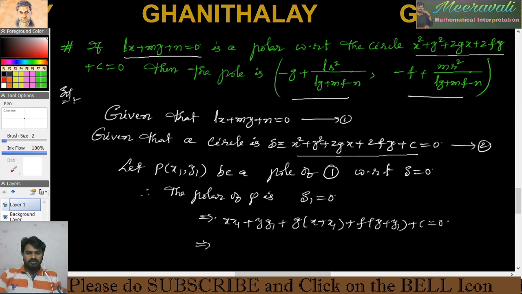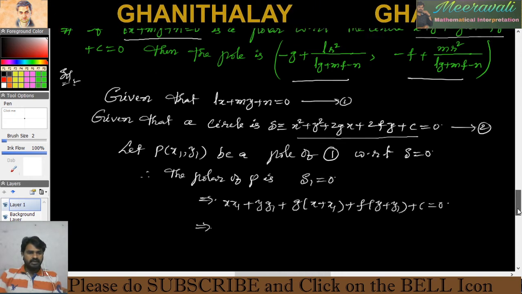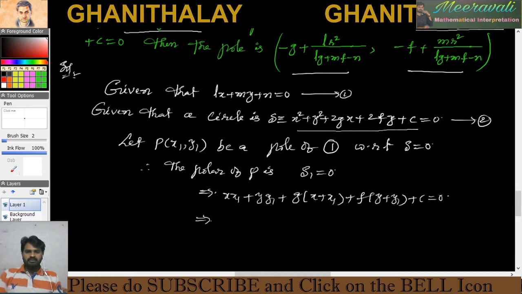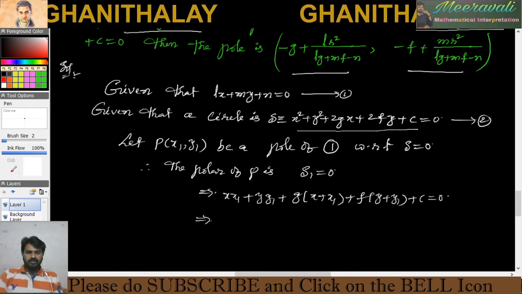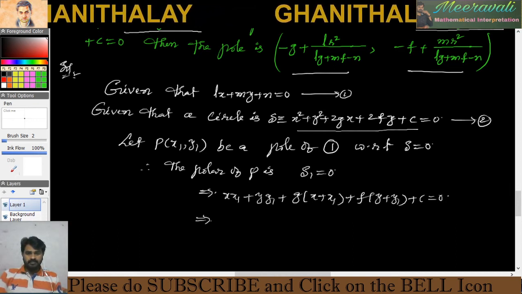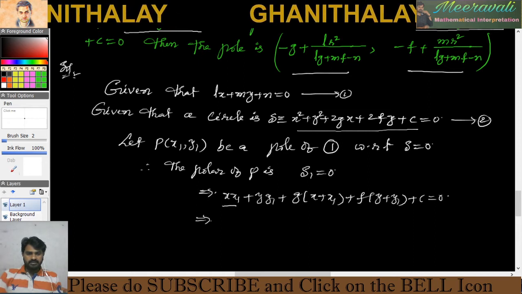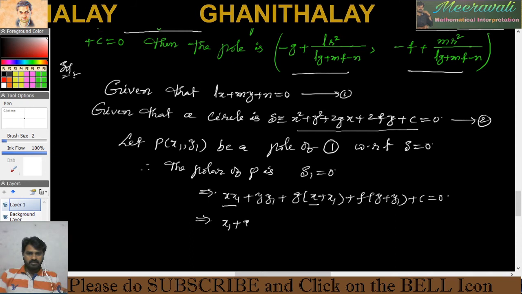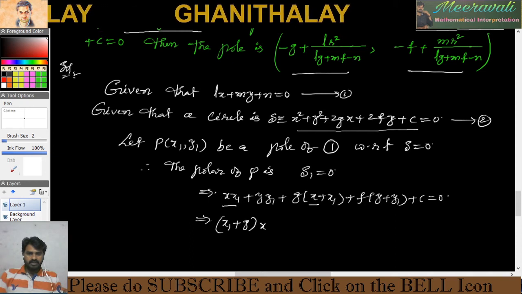When you have used S1 is equal to 0, you will get a line equation. Line equation means it has the general form ax plus by plus c is equal to 0. That means first you have to write the x term. Here x and here x is there. If you take x common, x1 plus g is the x coefficient.